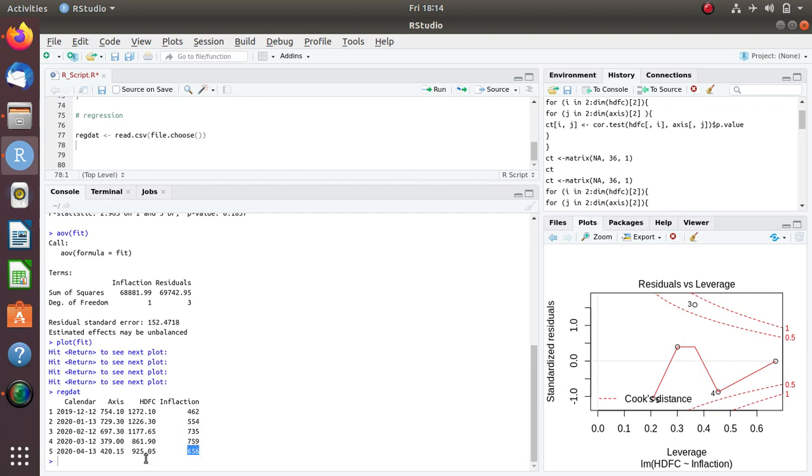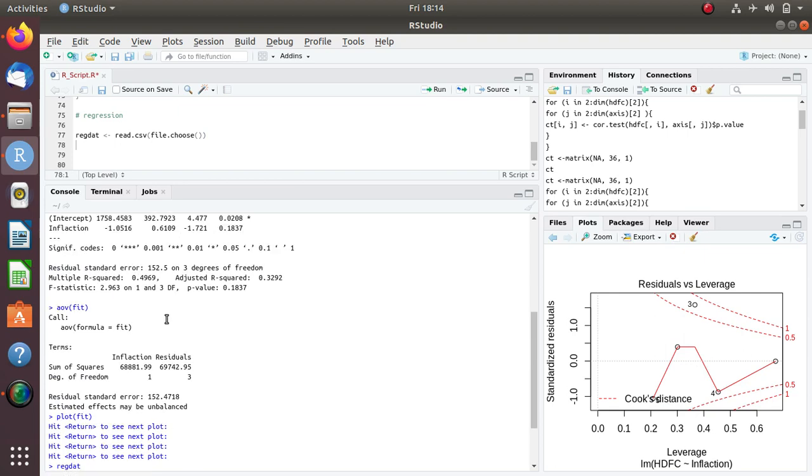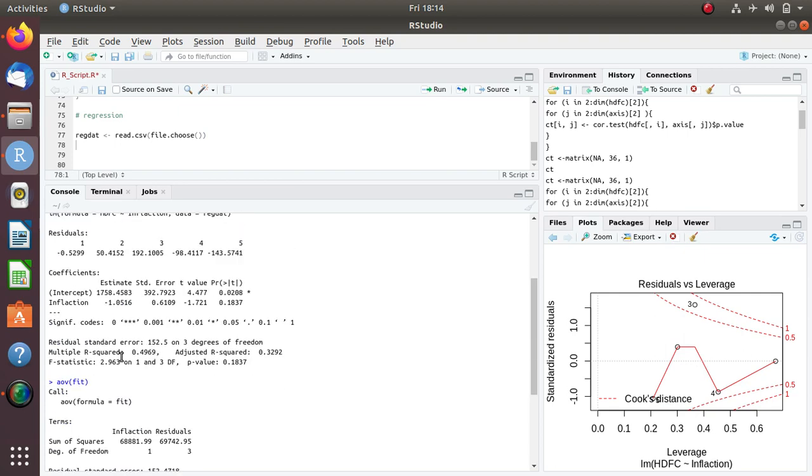So what we need to do, let me go back. I used a summary. You see here in the summary you have the multiple R squared value and the adjusted R squared value. Both of them should be very close, but that is not the case in our example. The R squared value is only 0.49. That is not a good value. It should be close to 1.